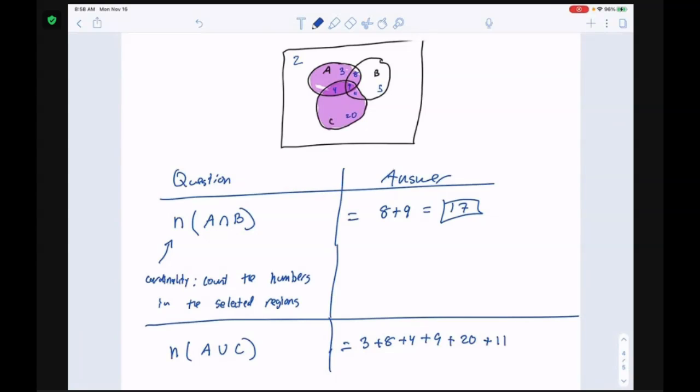So we counted everything that was in both of them, not just the overlap, and we have to do this math. 11 plus 4 is 15, plus 20 is 35, plus 20, so I get 55.